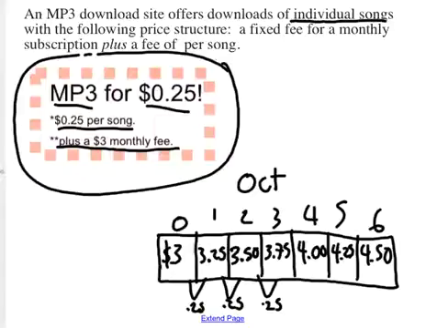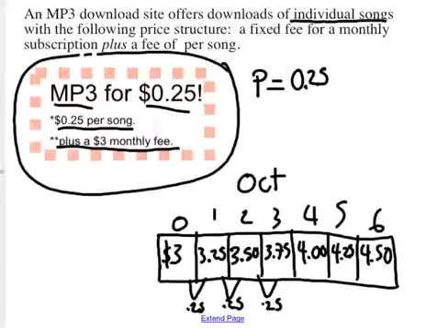Let's say my total cost for a month, my price for the month, I'm going to call it P. Well, that's going to be equal to 25 cents times the number of songs that I buy. Maybe 1 month I buy 2 songs and the next month I buy 10 songs.